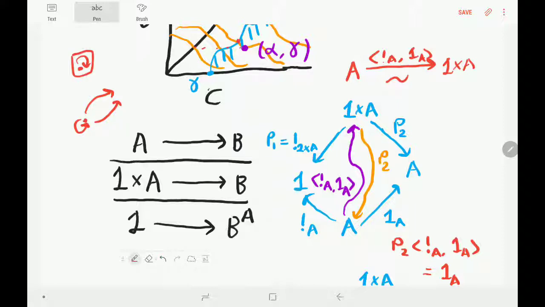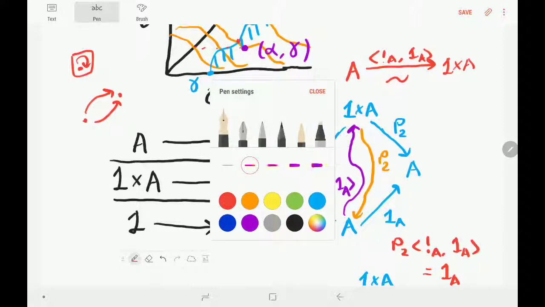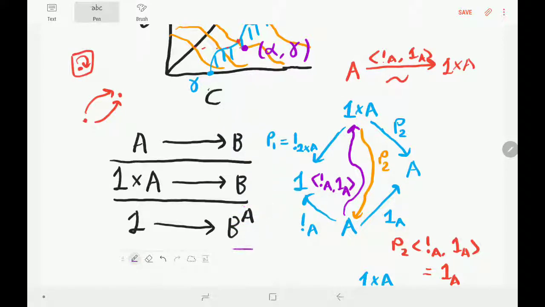But of course, not all graphs have them. So there are some graphs that don't have any points at all. They don't have any arrows into them from a terminal object. But the exponential graph, taking one graph to the power of another, does have points in it, and each of those corresponds to a graph homomorphism from graph A to graph B.